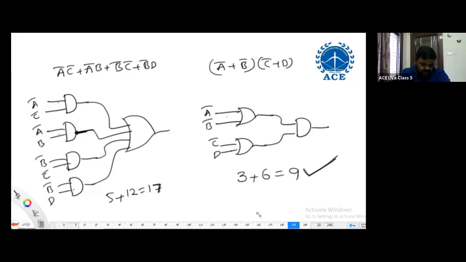Minimal itself is least complexity. Sahil, minimal itself is least complexity. If anyone has any more doubts, I will wait for them at the end.